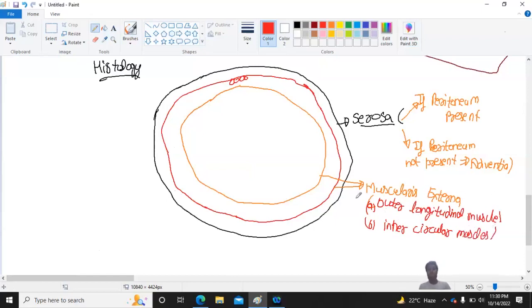So these are two layers. In between the two layers, there is one important plexus also present, which is called enteric nervous system, Auerbach plexus and Meissner plexus, which controls some important things. After this, there is another muscular layer present, which is called the oblique layer, which is only present in stomach.